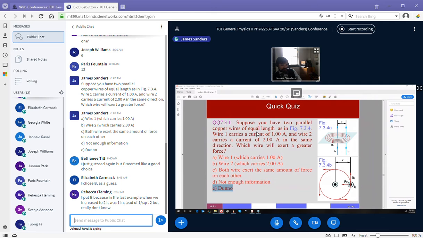Okay, so Rebecca, you say, I put B because in the last example when we increased it to 2, it was 1 instead of 1 over square root 2, but I really don't know. We increased the distance in that one, not the current. That's something worth noting, is we did not increase the current.